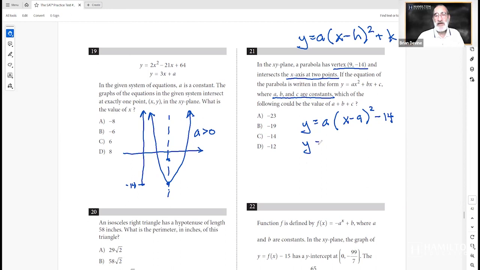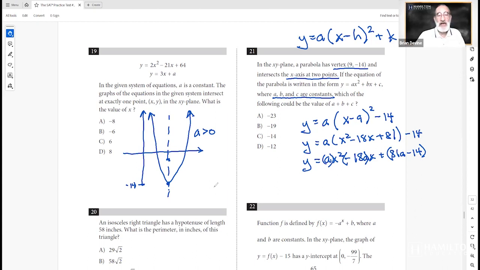Well, this would be y equals a times x squared minus 18x plus 81 minus 14. And if I clean that up, I'm going to get y equals ax squared minus 18ax plus 81a minus 14. So there's the c value, and the b value would be the negative 18a, and the a value is a.